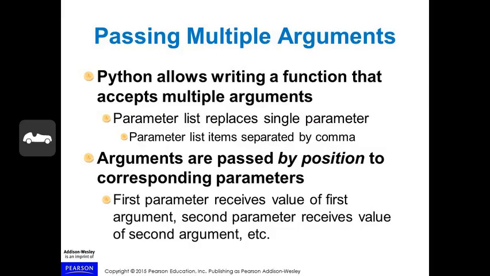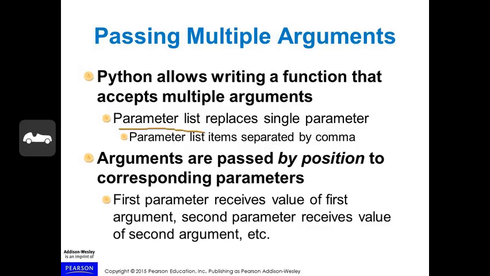And a lot of times, you also need to pass more than one piece of data. So in that case, a function needs to accept multiple arguments. And Python allows writing a function that accepts multiple arguments by including a parameter list.